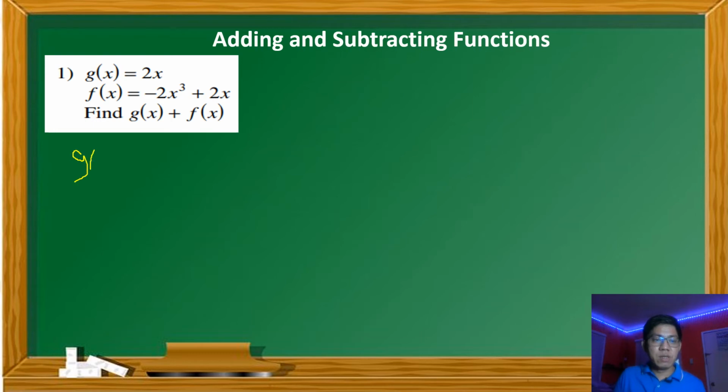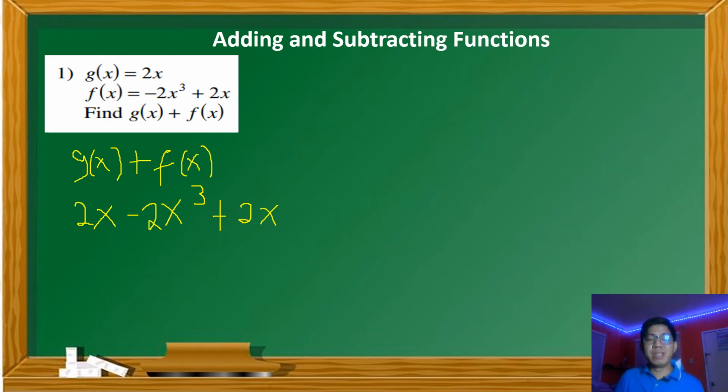So yung g of x natin is 2x plus, ayan, yung f of x natin is negative 2x cubed plus 2x. So let us have this one. Okay? So we have 2x minus 2x cubed plus 2x.